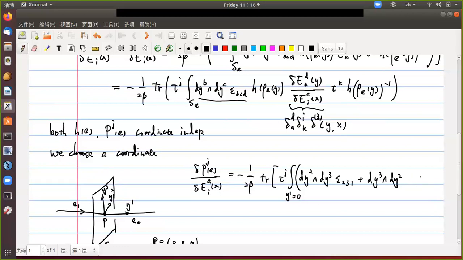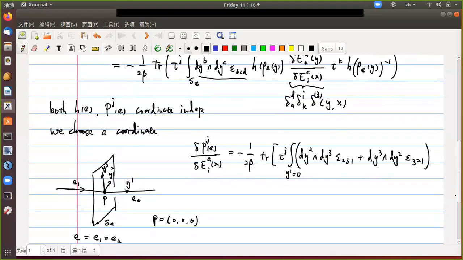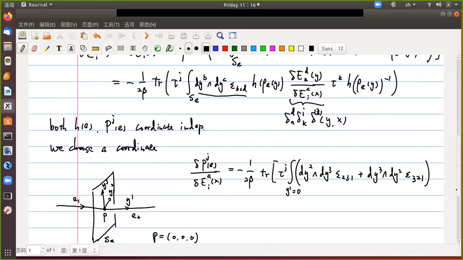Okay. So you have two terms because you have to sum over B and C. But B and C can only be 3 and 2, because dy1, when you restrict this form on the surface, is just 0.